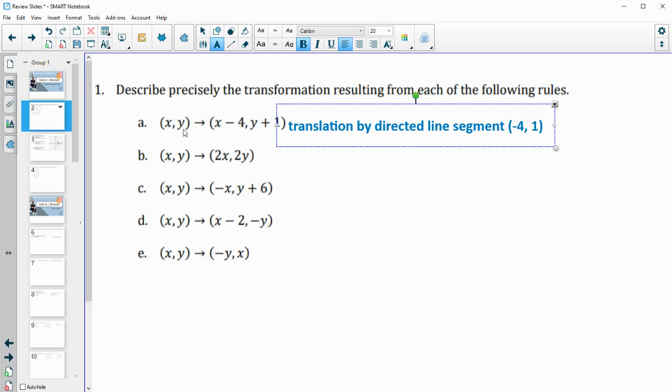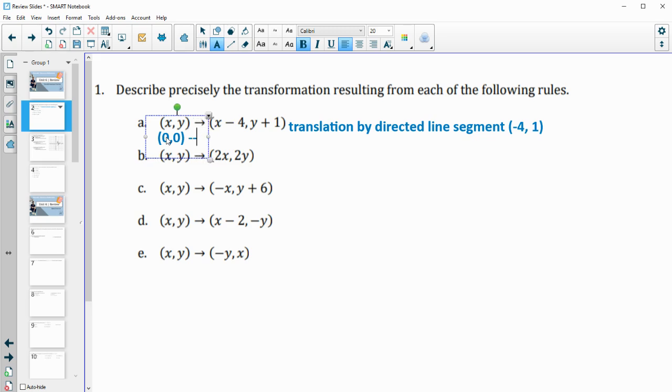You just take it as if you were plugging 0, 0 in here, and that's going to take it to the point 0 minus 4, so -4, and then 0 plus 1, so 1. So that's a translation by directed line segment -4, 1.